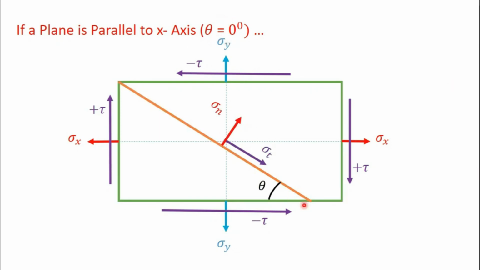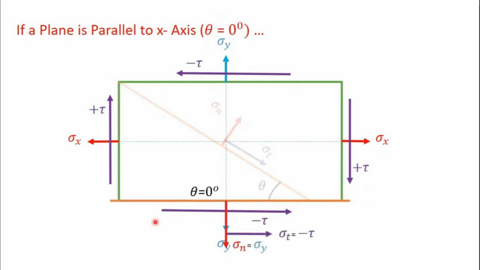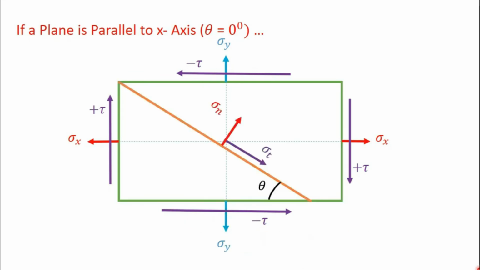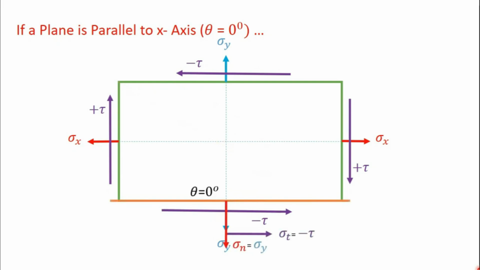Since at this plane we are applying sigma y and minus tau, and accordingly the equations are giving the same result, the equations which we have derived are giving the correct result.